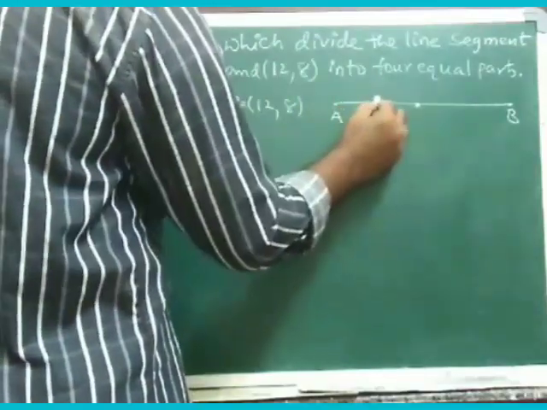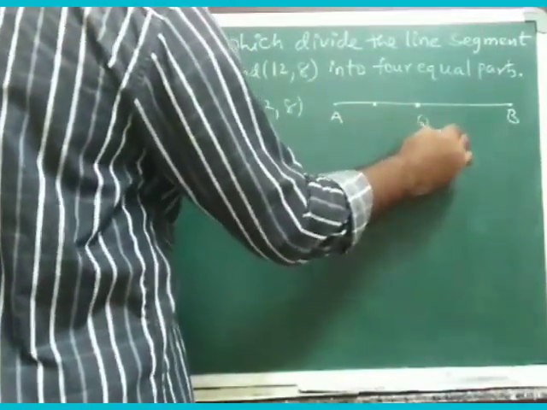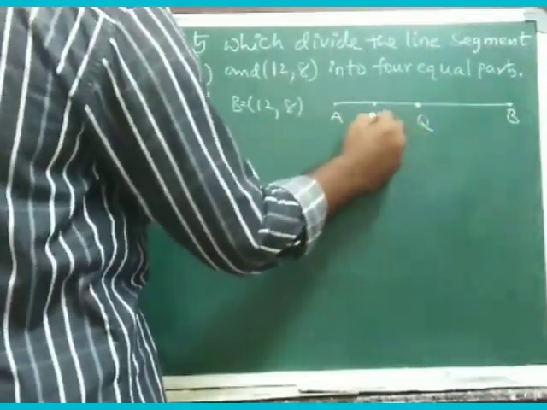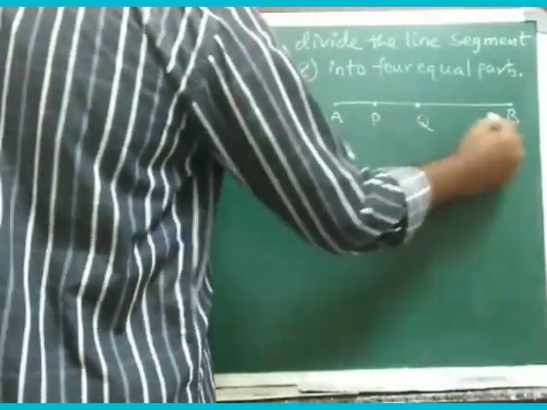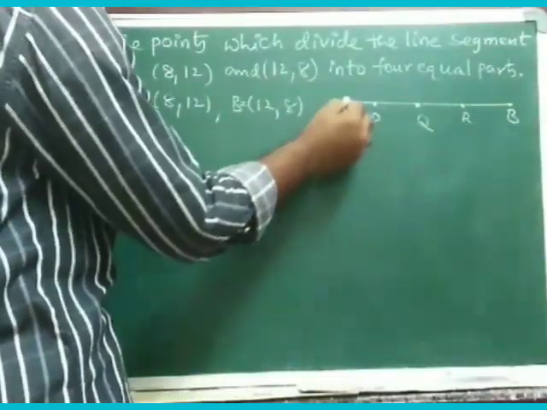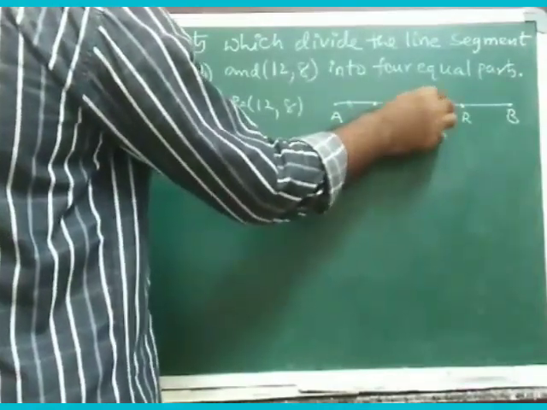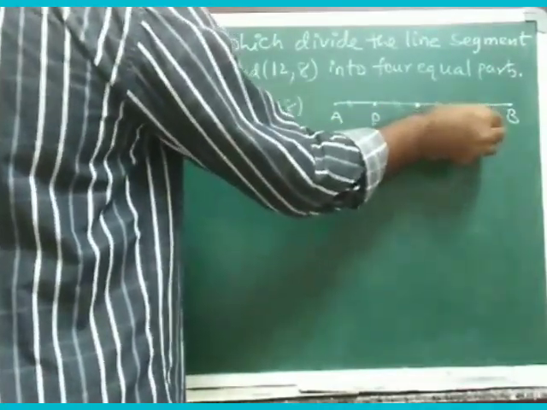Now consider one more midpoint, suppose this is Q. Now the midpoint of AQ is say P, and the midpoint of QB is say R. Now clearly AP equals PQ equals QR equals RB.